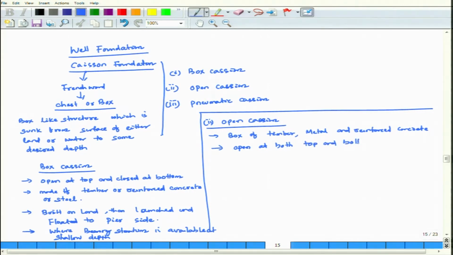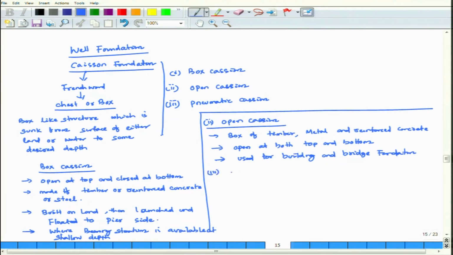Used for building and bridge foundations.